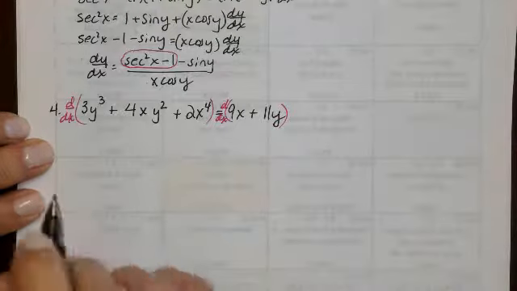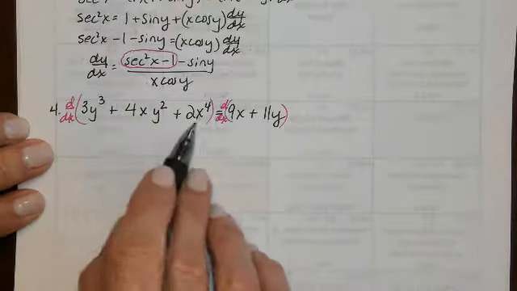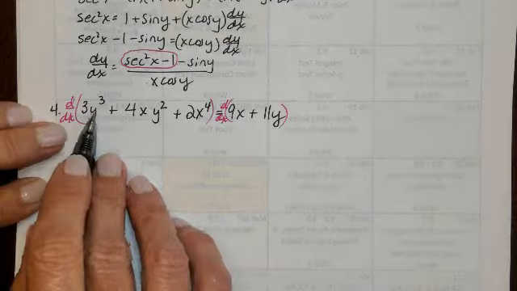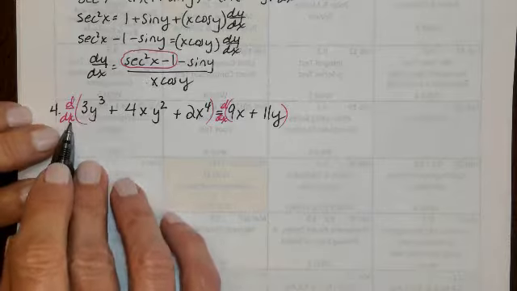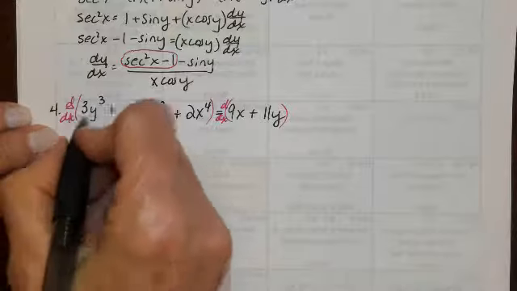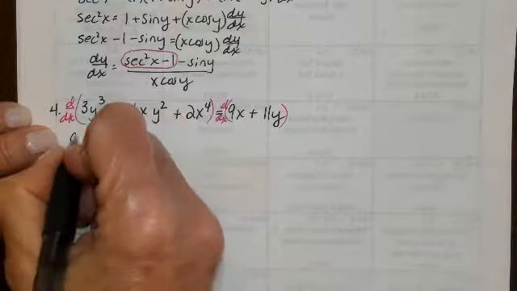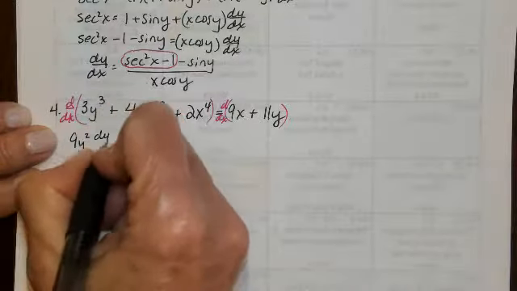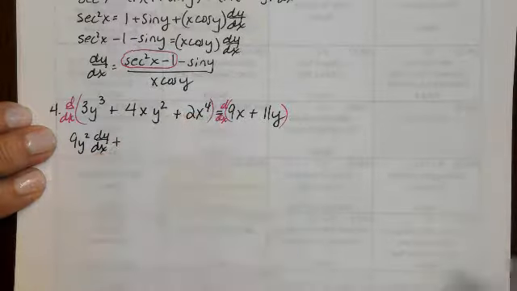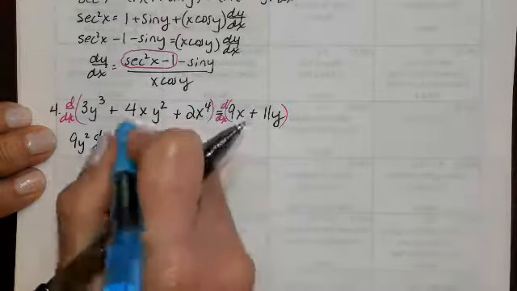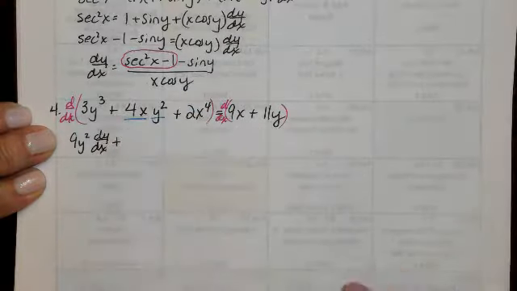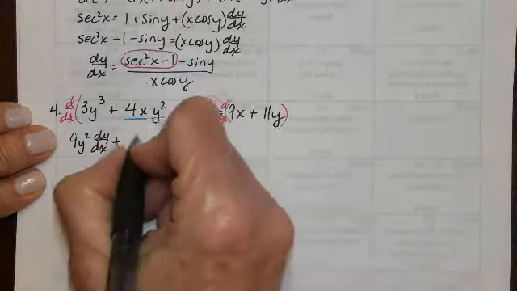Okay, so I'm going to go term by term, and whenever you are taking the derivative of a y term, we need to multiply by dy dx. So this first term, derivative with respect to y, 9y squared dy dx. Okay, plus. Here I need a little product rule. I'm going to make this positive 4x times y squared is my next piece in the product.